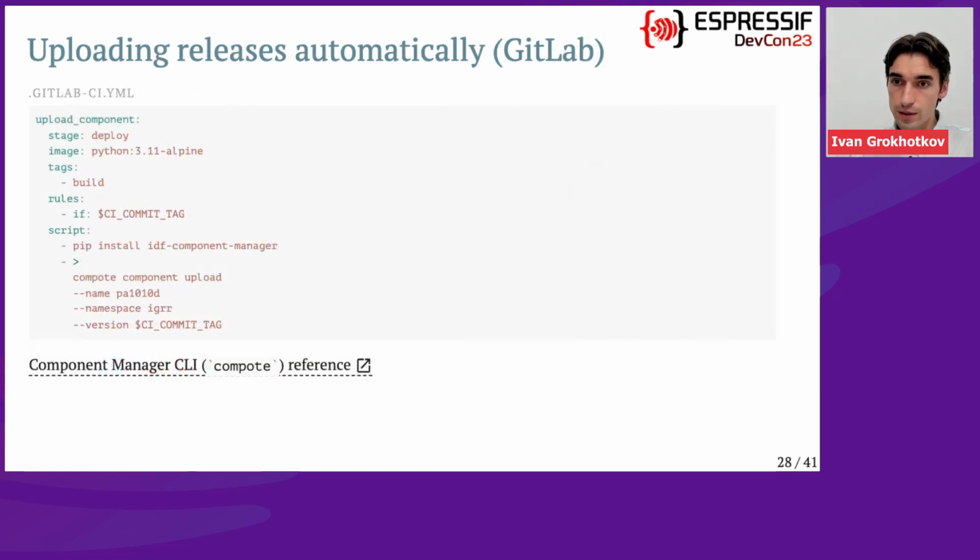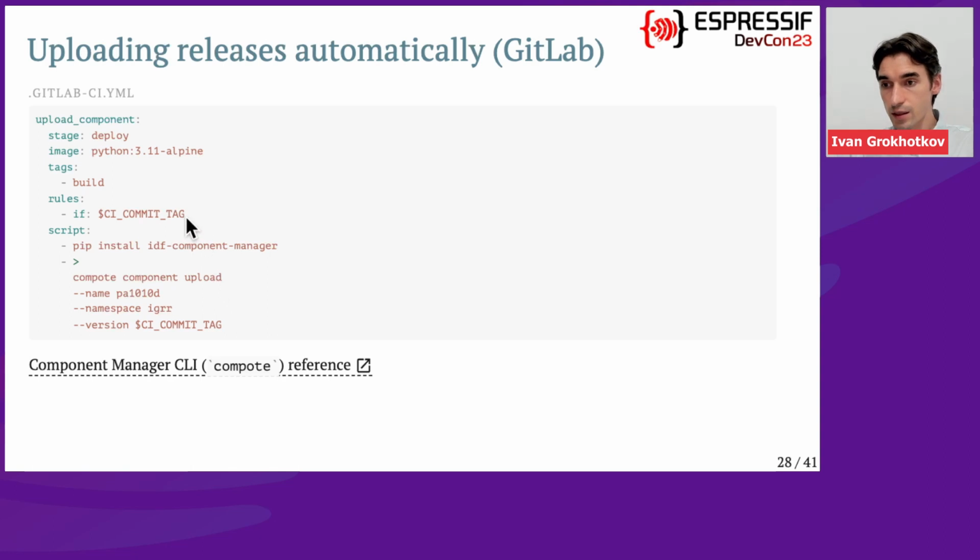If you are not using GitHub to host your repositories, for example, you might be using GitLab, then you can use the IDF Component Manager Python package directly. So you just need to have some environment where Python is installed and install the IDF Component Manager package, and then use the compote component upload command, same way as we did this in the CLI.